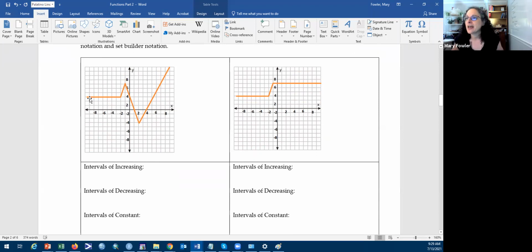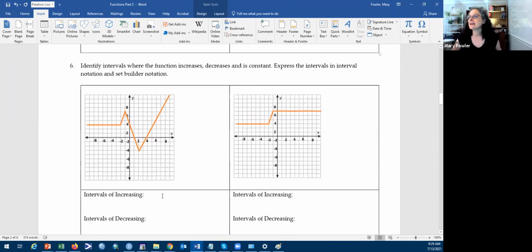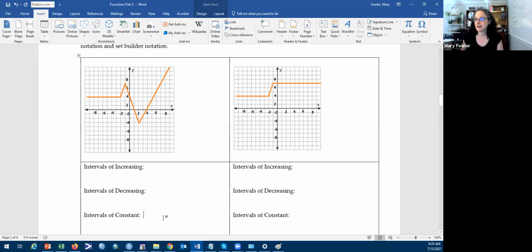So in this first long flat extension, that's constant, and then that goes to -2. So that's an interval of constant. I'll go ahead and write that here. It's an interval where the function is constant.